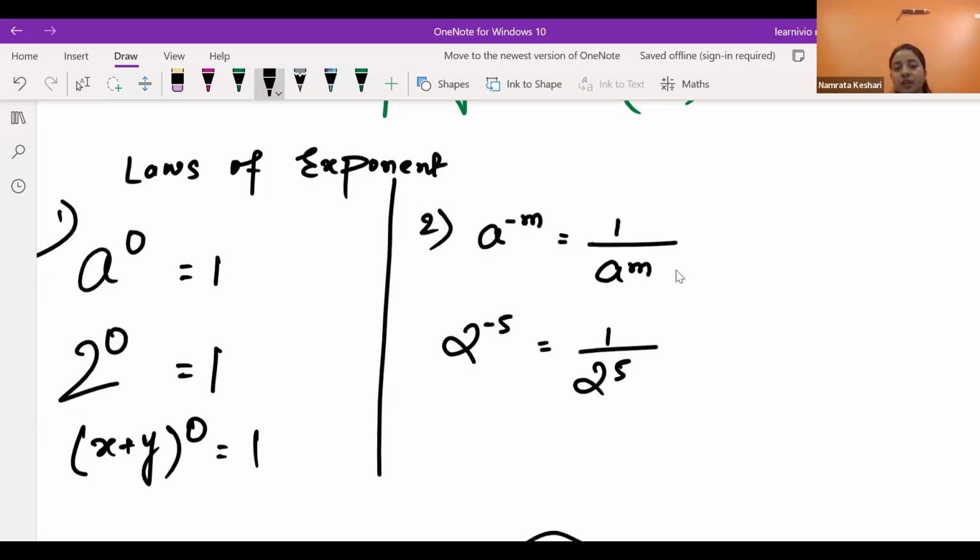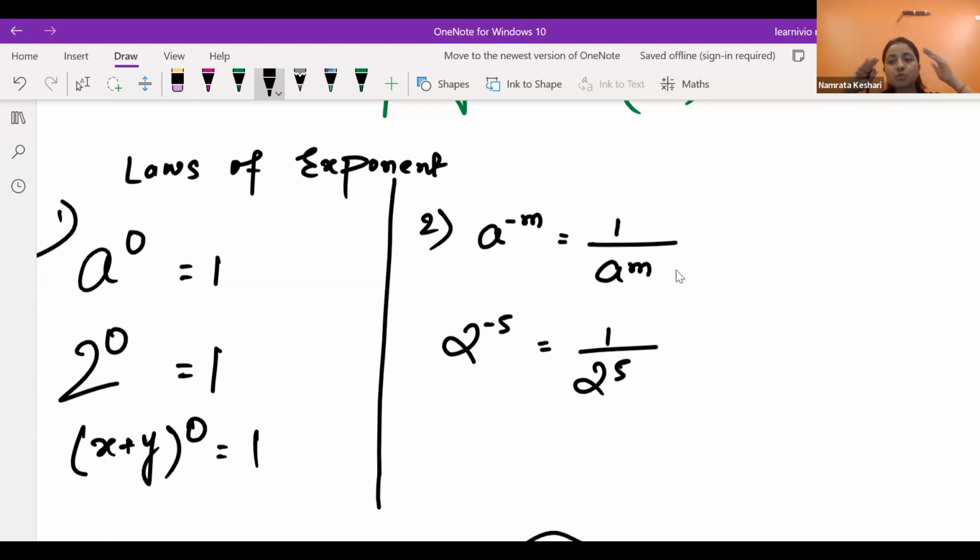Actually the rule says that whenever you are having a number, the power can be anything. The exponent can be a positive number or maybe a negative number. When you are switching the place of the number from the numerator and writing it in the denominator, is that allowed in mathematics? Yes, that is allowed in mathematics.